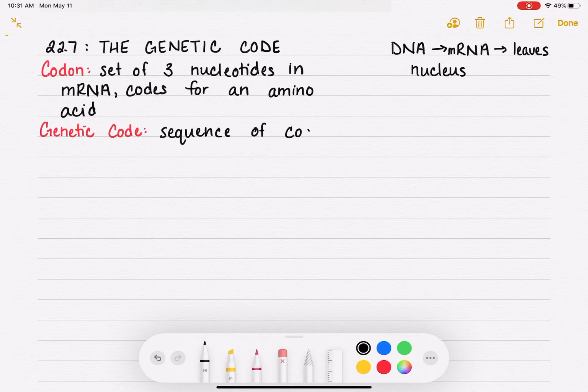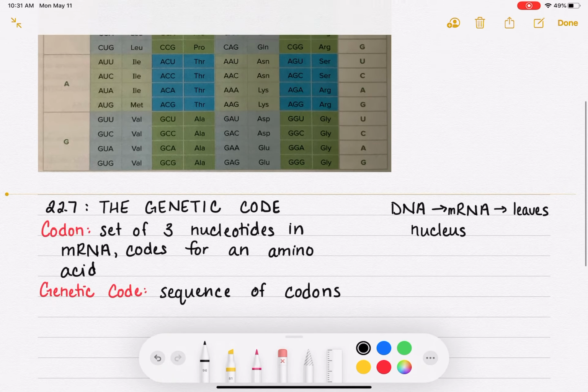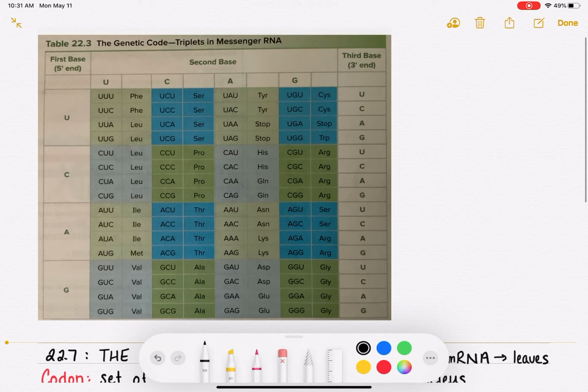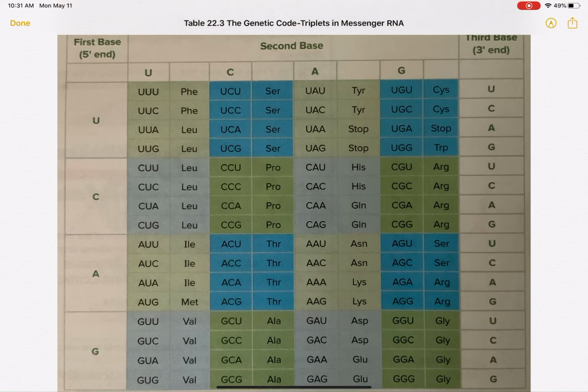The genetic code is just a sequence of codons in an mRNA. There are 64 total ways that you can put together 3 nucleotide combinations. And your textbook has a great organization, a table 22.3, that shows you all 64 possible ways that these 4 nucleotides can be combined in 3 nucleotide combinations.